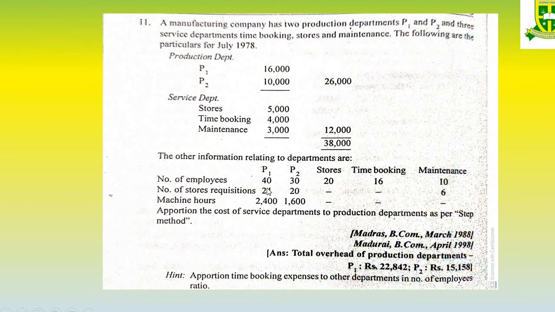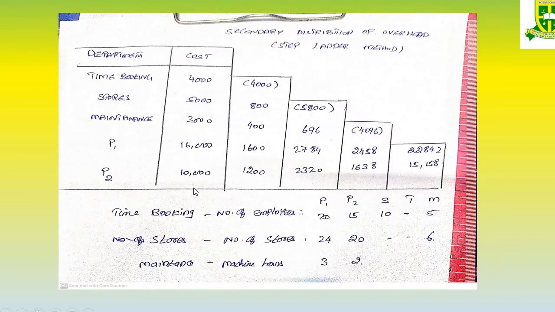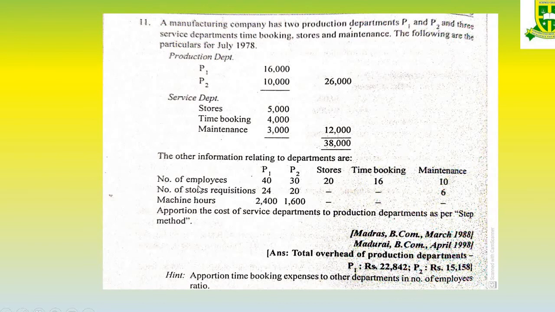So divide the ratio. Time booking has to be based on the number of employees. Since the allocation is given differently, I have written it by changing it: time booking, stores, maintenance and the 2 production departments P1 and P2. According to that, I have written the value. For time booking, we have to take the number of employees.